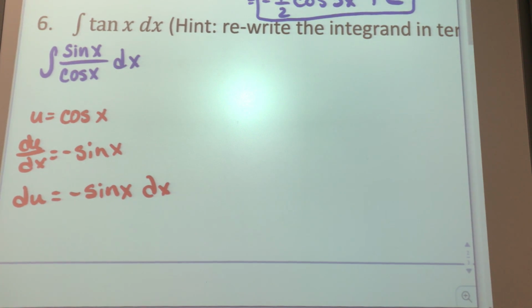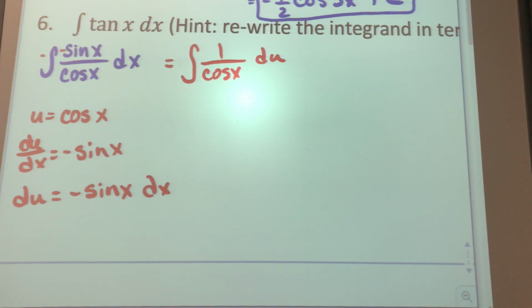Okay? So I'm going to kind of mess around with this one a little bit, and I hope it doesn't confuse you. The only thing it's missing is a negative to have the whole du in the integrand. So I have a negative here and a negative here. So I'm going to rewrite this as 1 over cosine of x du.